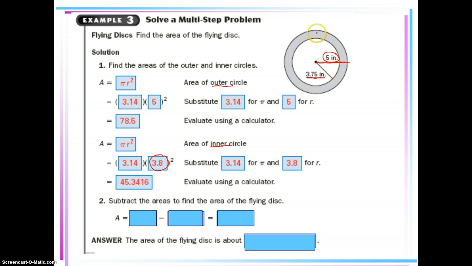Now, I know the area of the outer circle is 78.5. The inner one is about 45.3416. To find just the gray area, I want to subtract the 45 from the 78. You have approximately 33.1584 inches squared.